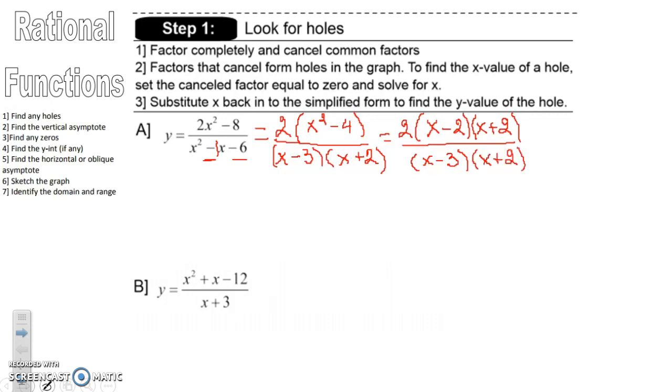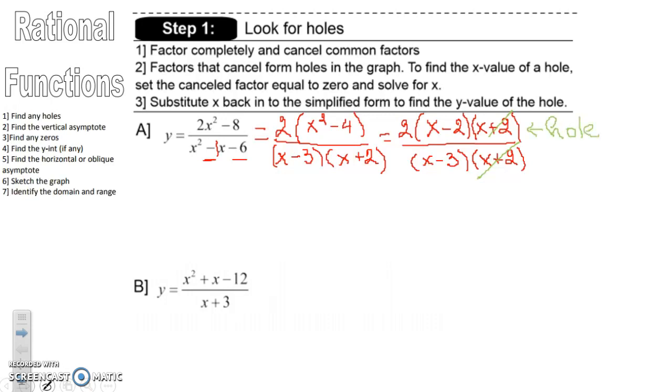Clearly, from the factored form, we can simplify the x plus 2 and x plus 2. However, this right here results in a hole.